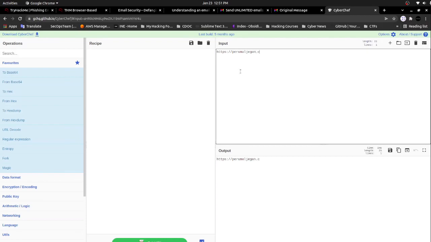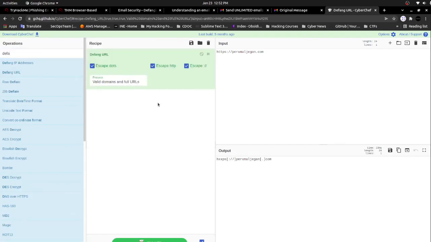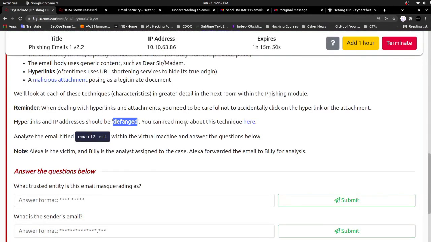This is what they call defanging. When URLs are defanged, HTTP is switched to HXXP and FTP is switched to FXP, to prevent inadvertent execution. If you represent an IP address, you can represent it like this, and we can also defang a specific URL in CyberChef.